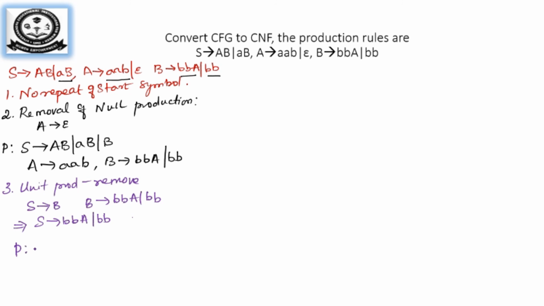So the production rule is getting updated. S tends to AB, capital AB, and instead of B, it should be added, so you will have BBA and small bb. Similarly, the rest of the productions are going to be the same: AAB and B tends to BBA or BB.